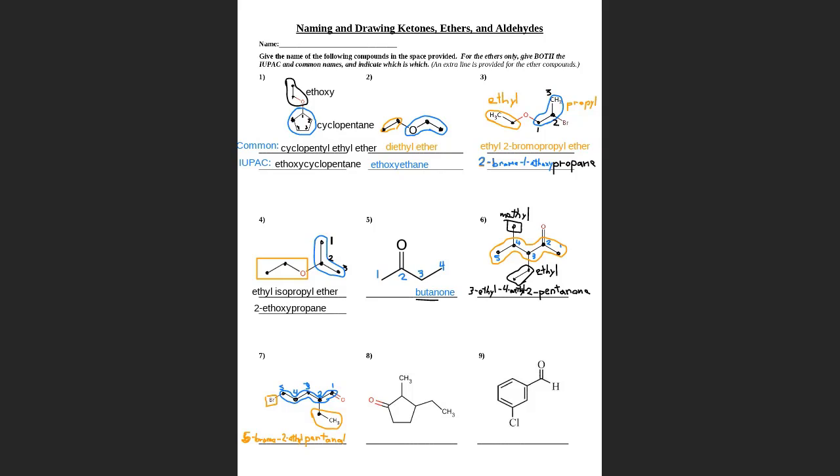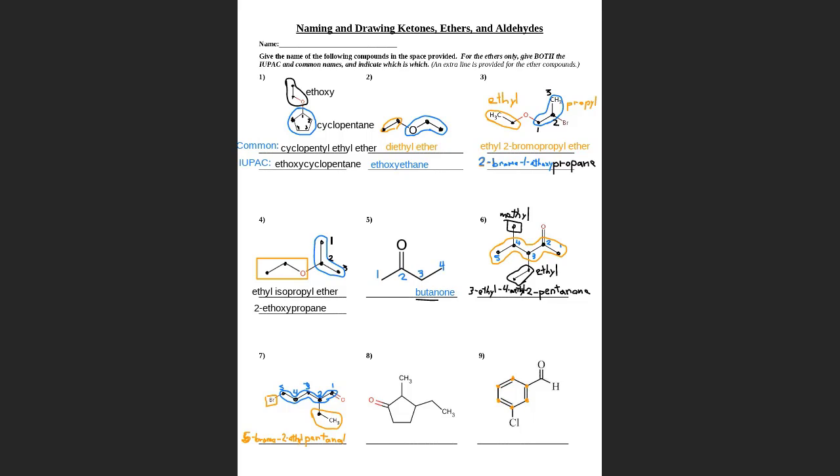Now for number 9, when a benzene ring, so one of the things you're going to notice is these benzene rings are actually pretty special. I'm going to mark the carbons of the benzene ring. When a benzene ring is attached to certain other groups, it gives it a new name that is not your typical name, it's not your standard way of naming things.